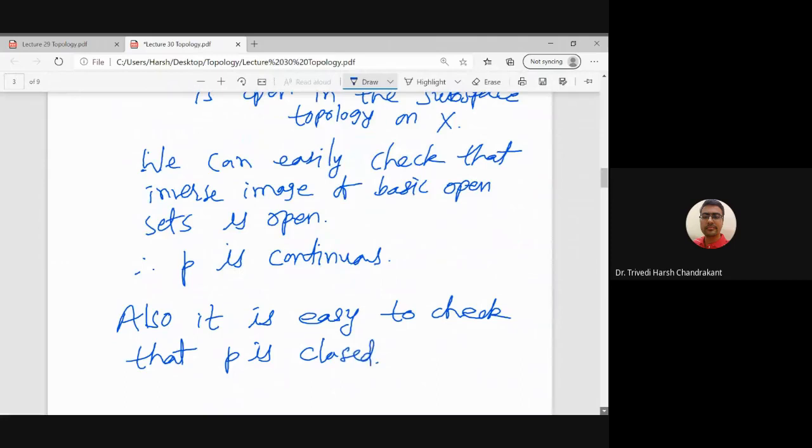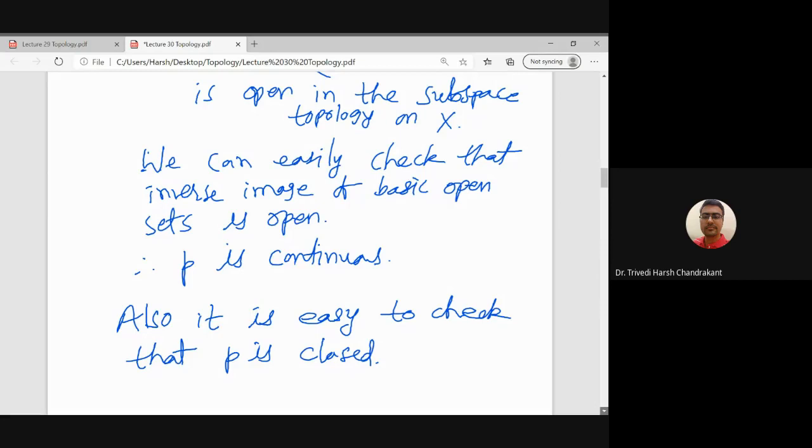To check P is closed, the same way we will consider all basic closed sets in the domain. On the real line, closed intervals [a, b] are the basic closed sets, so here basic closed sets will be the intersection of closed interval [a, b] with the domain. We have to check that its image is also closed.